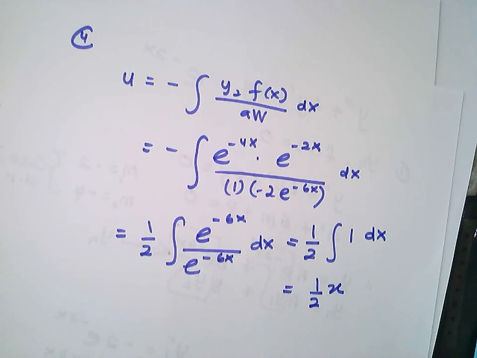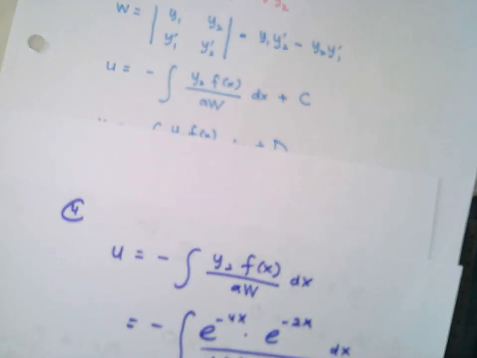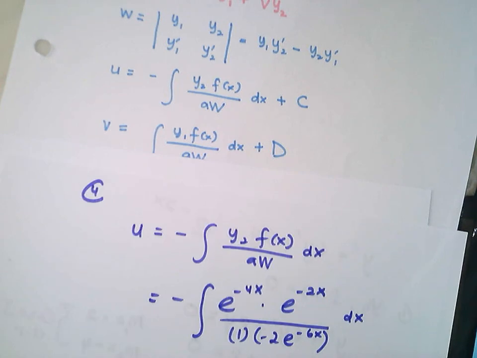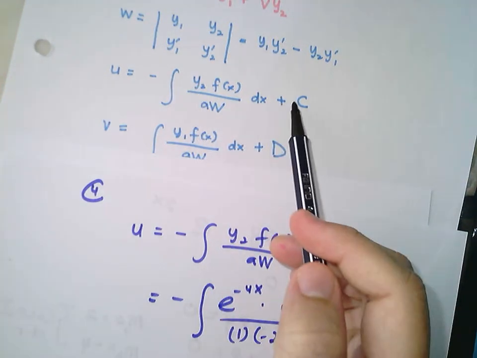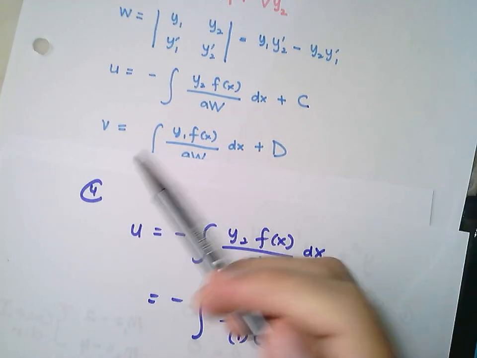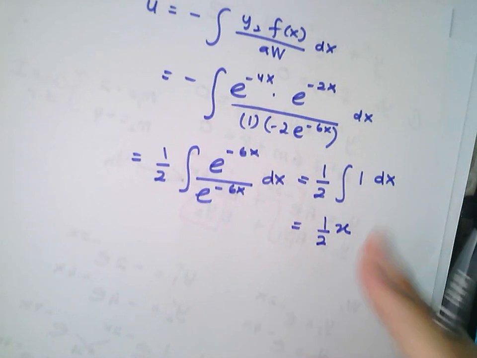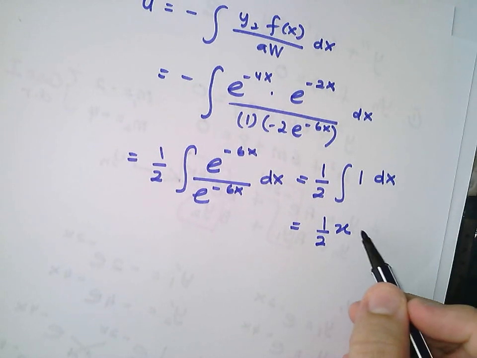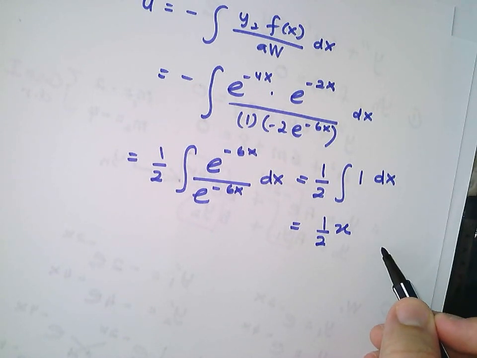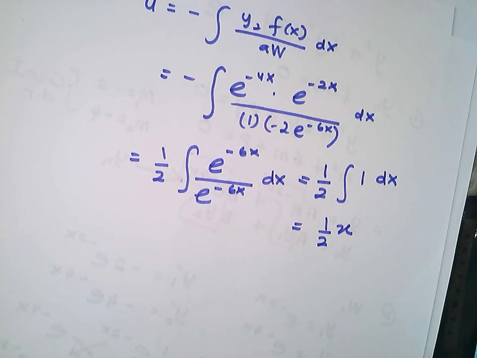Okay, as you can see here, when we integrate with no limit, you have to add plus c, and another one is plus d or plus another c, isn't it? But for this case, we don't add such plus c and plus d because we want to make it short for you to calculate your yp.